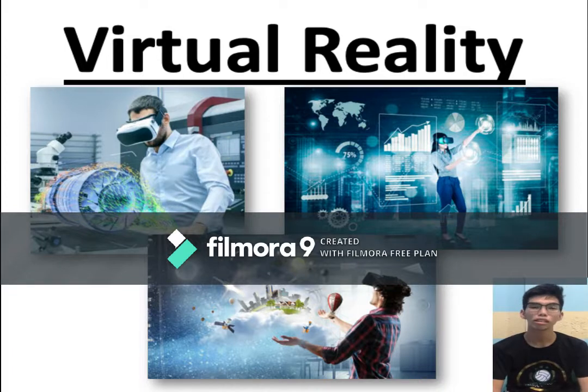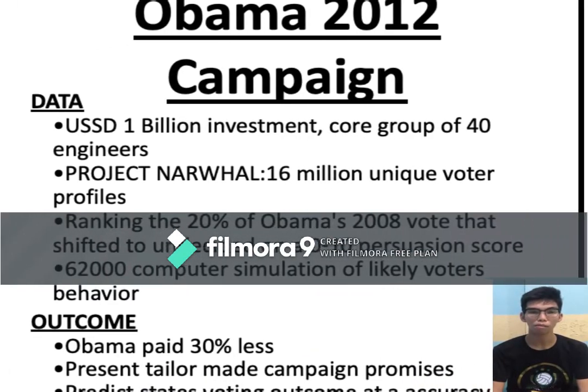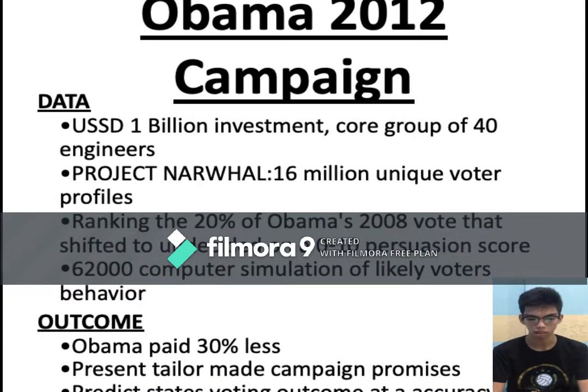Let me give you one real-world example about the power of combining analysis of big data footprint with computer simulation. One example who pioneered this modern technique was the Obama presidential campaign in 2012. What the campaign did was they invested $1 billion into the creation of 40 engineers, and they contracted these IT engineers from different companies like Twitter, Facebook, Craigslist, Google, and even some professional poker players.